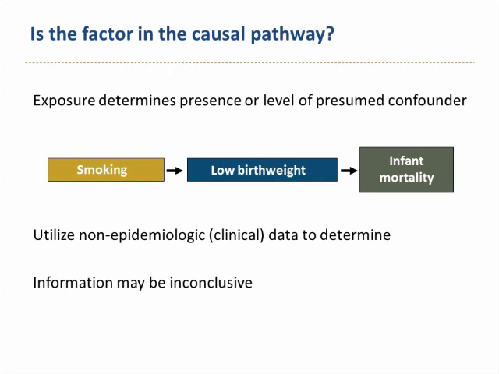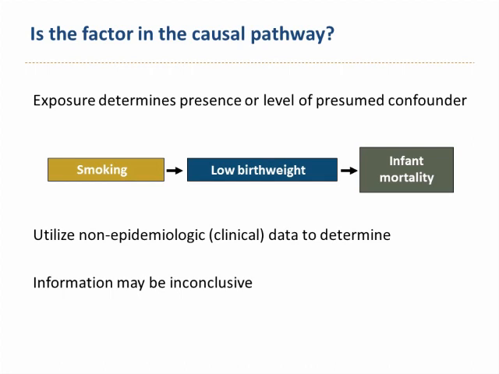We often need to utilize non-epidemiologic or clinical data to determine whether a factor is on a causal pathway. There's no statistical way to distinguish a confounder from a factor that is on a causal pathway, and therefore we need to use our reasoning and outside knowledge to assess whether this pathway occurs.